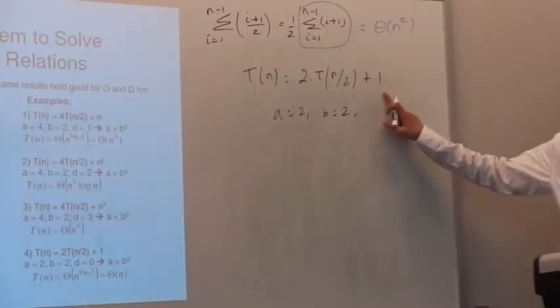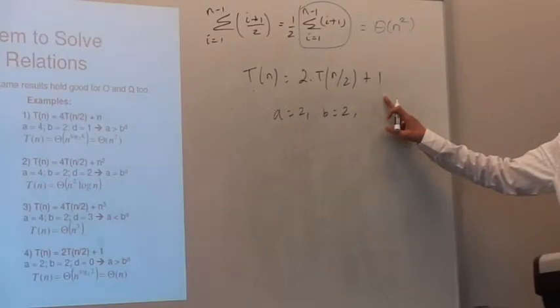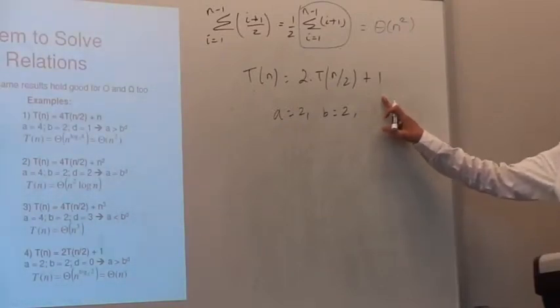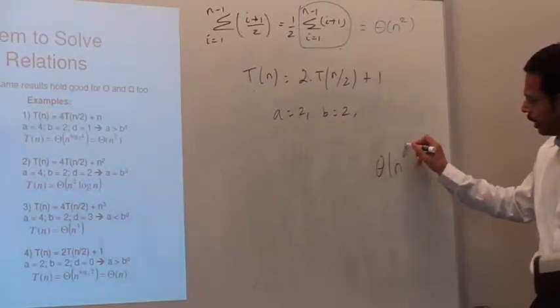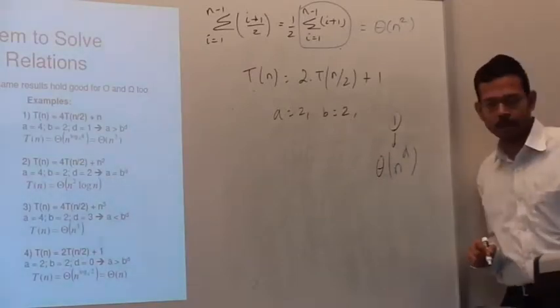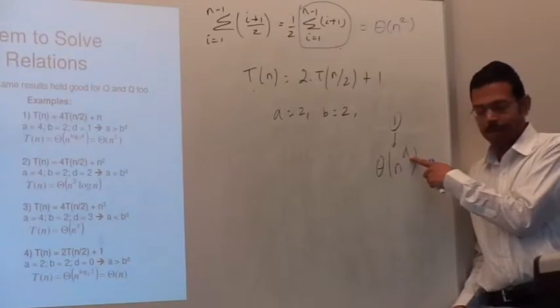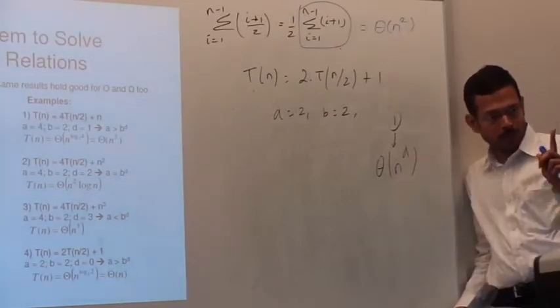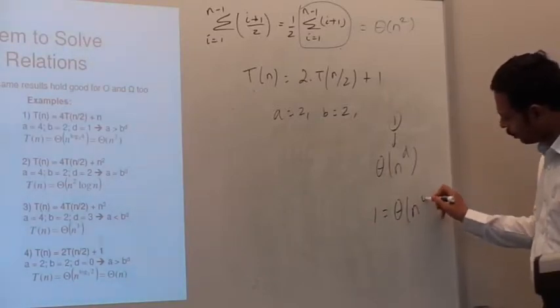You don't have n, but you have something like 1. So what can you do for the d? You have to get this in the format of theta of n raised to d. What can I do to 1 so that I can get it in this format? 1 is nothing but n raised to 0. Anything raised to 0 is 1, right? So I can write my 1 as theta of n raised to 0.